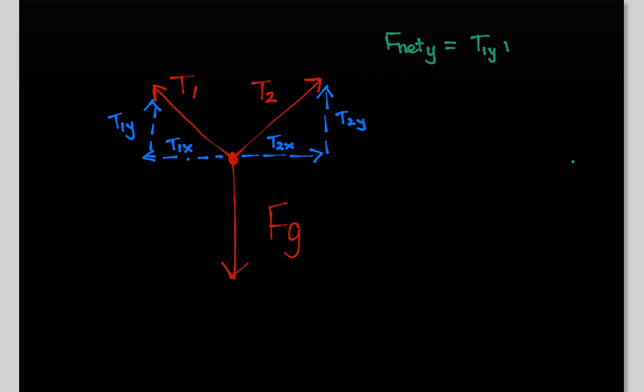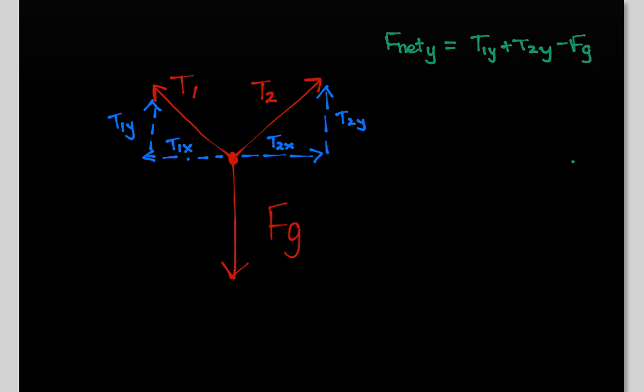T1y plus T2y. Is there any other forces acting vertically? Fg. But here I have T1y and T2y written as positives, and their vectors point up. So I should write Fg with a negative.